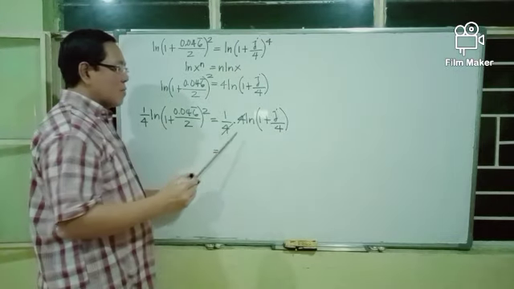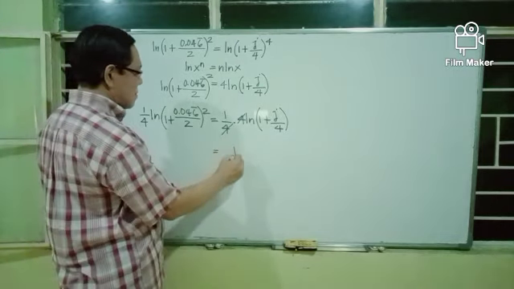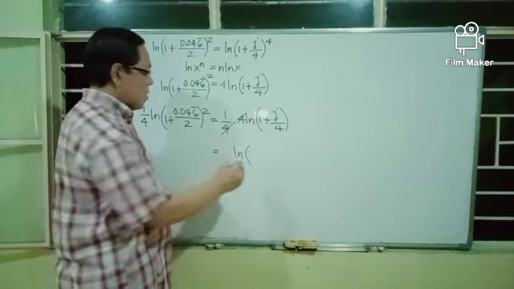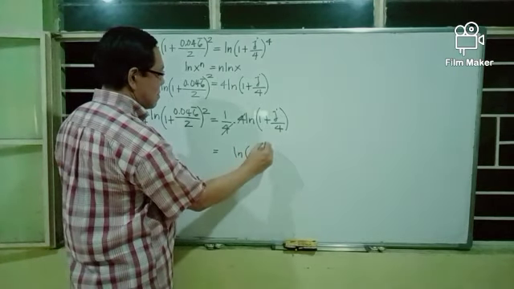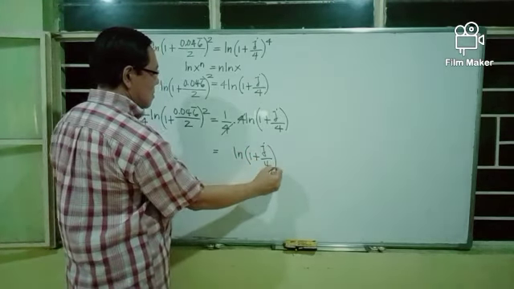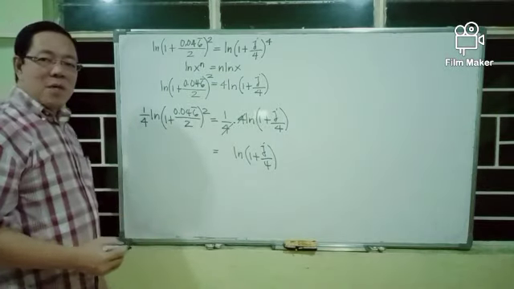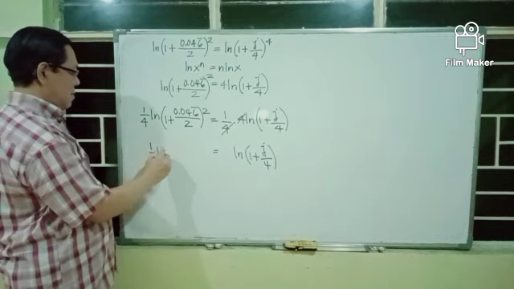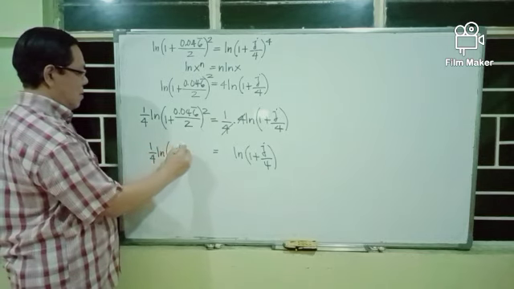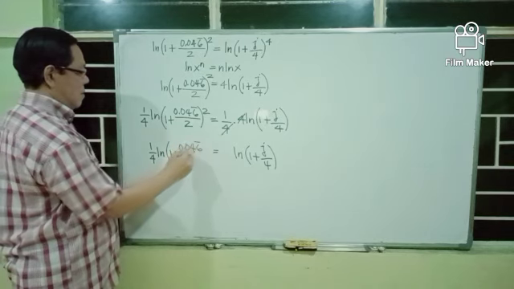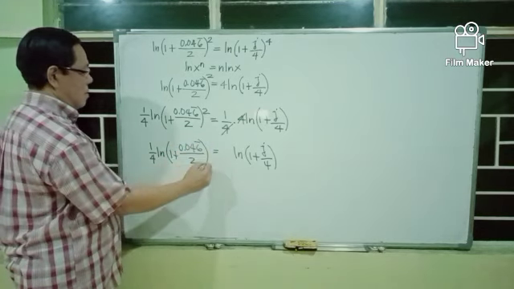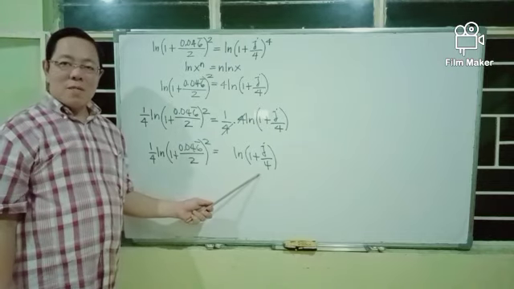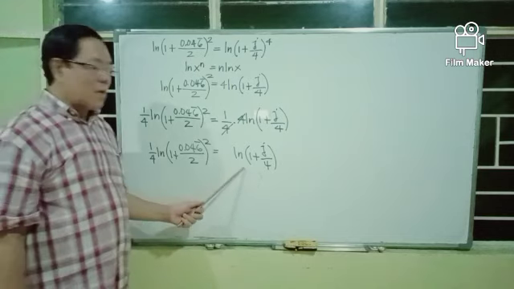And at the right hand side we have ln of quantity 1 plus j over 4. The left hand side is the same. Now j is still inside the logarithmic function.